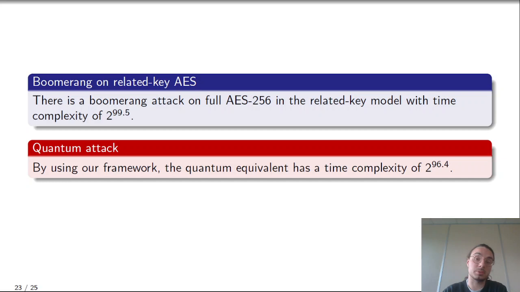And with our framework, we made an equivalent in the quantum version that has time complexity 2 to the 96.4. This time we are very far from a quantum speedup, and this is mainly due to the way the boomerang is analyzed.